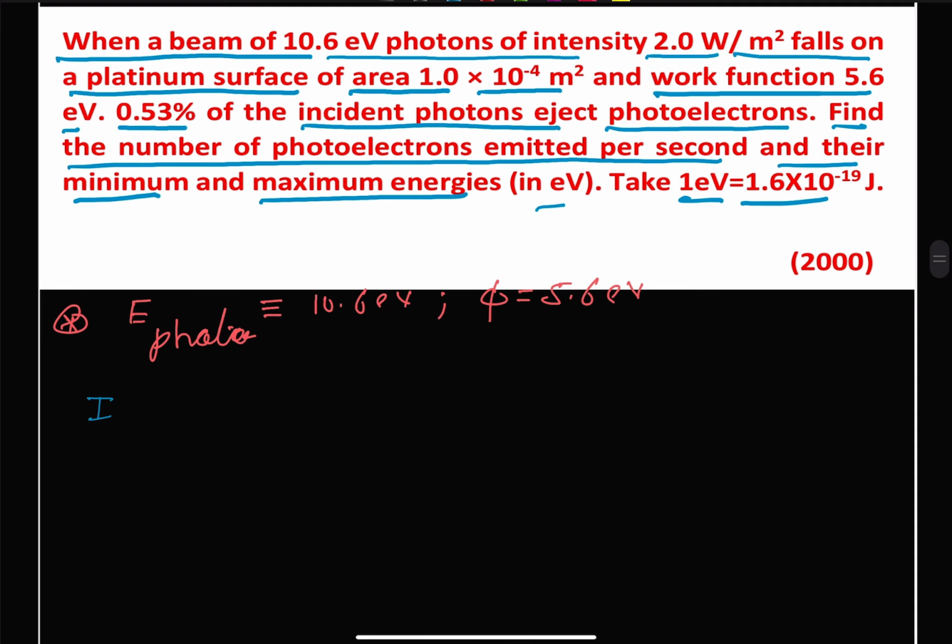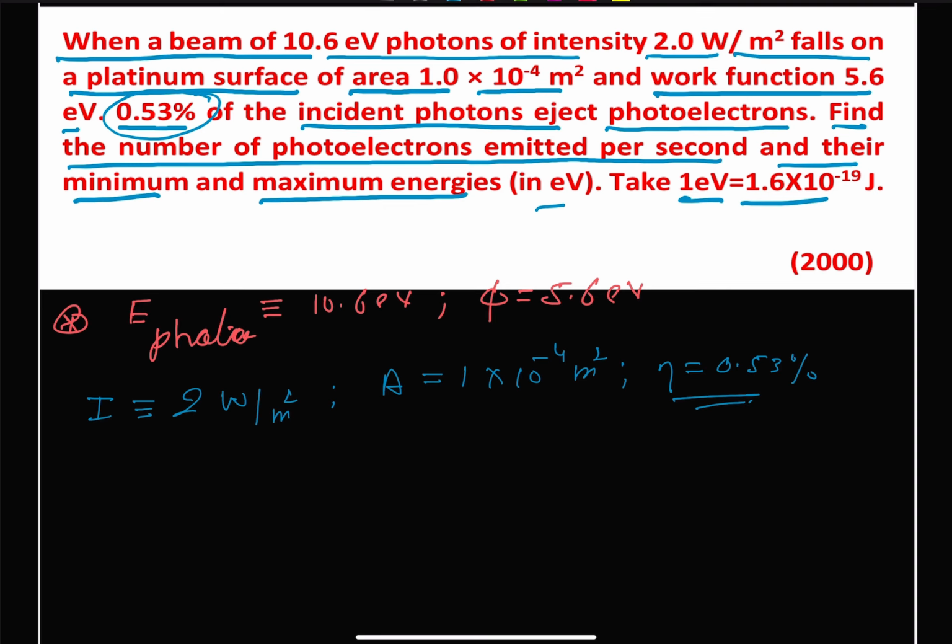Let us suppose that is our I. It is given as 2 watt per meter square. We are also given area. Area is 1 into 10 to the power minus 4 meter square. And finally, it states that only 0.53% emits the photoelectron. Basically, we can say it is efficiency, much easier to remember. So this is 0.53%.